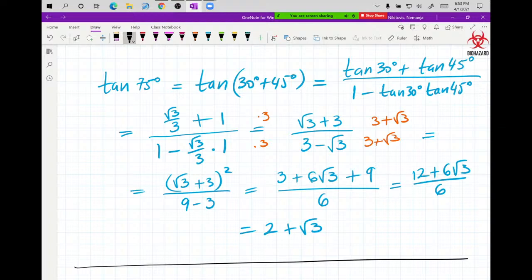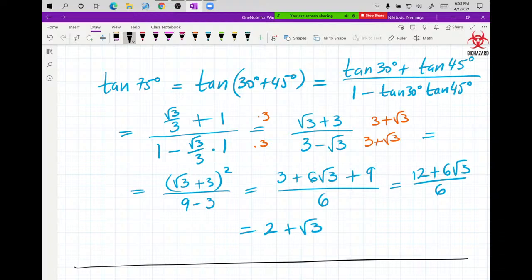Now, you're not always going to have the possibility to do it with basic angles. I've seen another problem which had a decimal. For instance, 22.5, right? 22.5 is half of 45, so you have to use the half angle formula there because you cannot make 22.5 in addition and subtraction of those base angles, right? 30, 45, 60, they're not going to add or subtract into a 0.5 somehow.